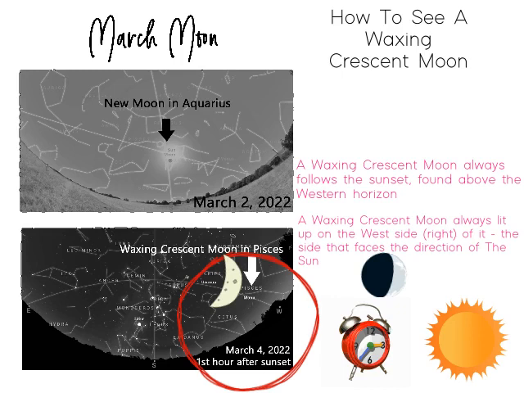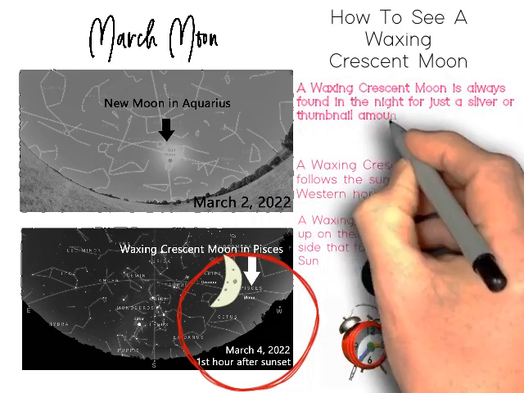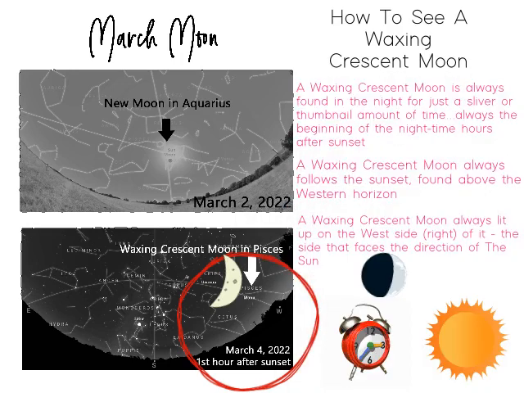And this tells you, this is the clue, that the crescent moon will only be visible for a sliver of nighttime hours, or just a thumbnail amount of light. And it will always be found just as the sun sets over the western horizon for just a short time, as it follows the sunset to its own moonset for the night.